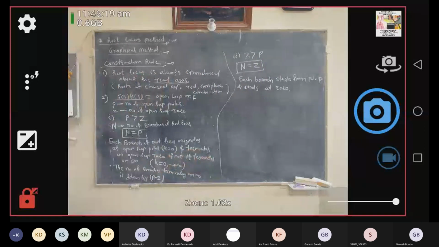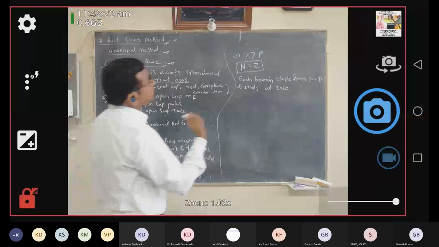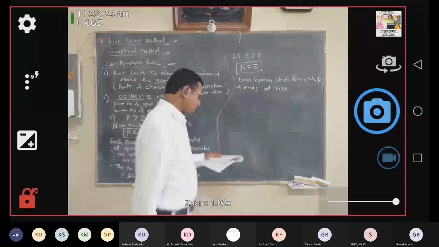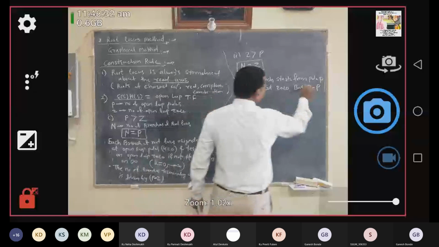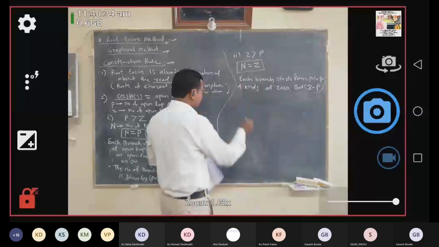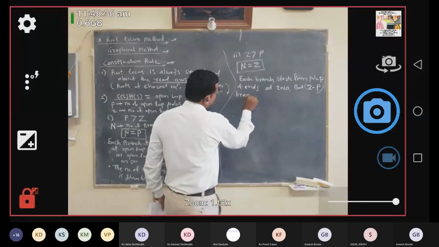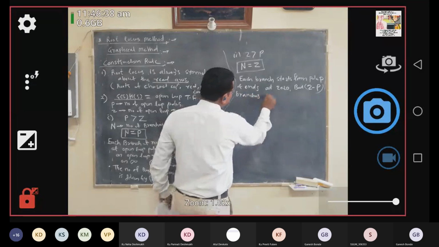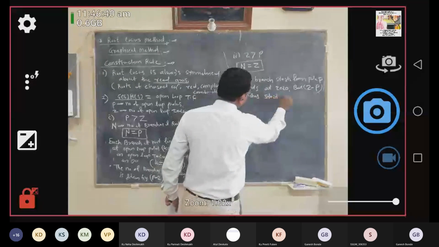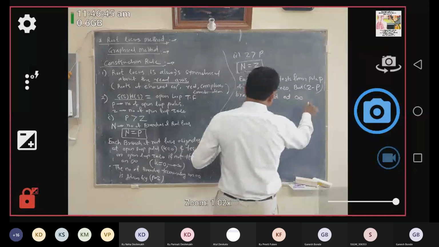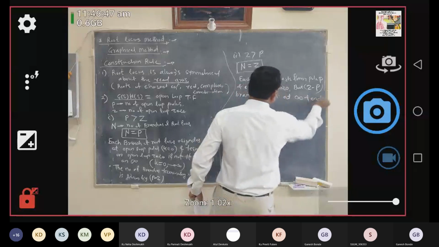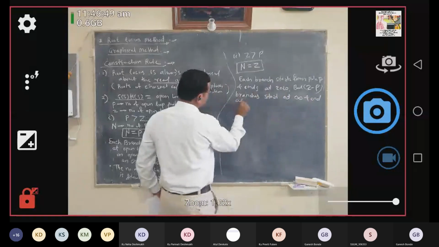Z minus P branches will always start at infinity and end at zero. So write down that Z minus P branches start at infinity and end at zero.